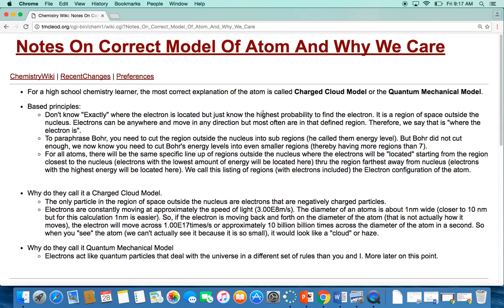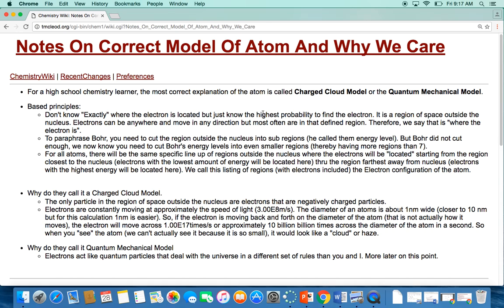It's called a charged cloud model because what's on the outside of the atom is electrons, and they're negatively charged. And it's a cloud because the electrons are moving at the speed of light, which is 3.0 times 10 to the 8th meters per second. A typical atom is about 10 to the negative 8th to 10 to the negative 9th meters long, in essence about a nanometer or 10 nanometers wide.